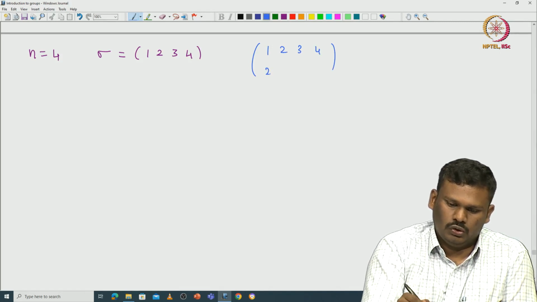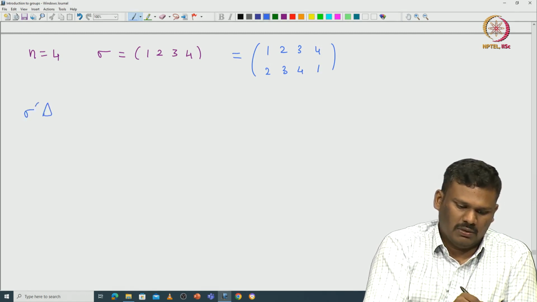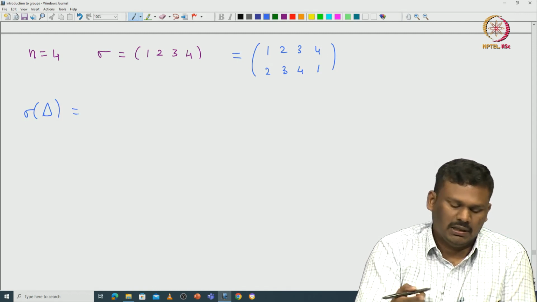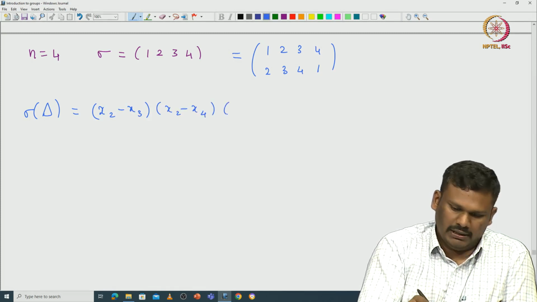So 1 goes to 2, 2 goes to 3, 3 goes to 4, 4 goes to 1. So this is your sigma. Then what is your sigma of delta? 1 you replace by 2, so it is x2 minus x3 and then x2 minus x4 and then x2 minus x1.